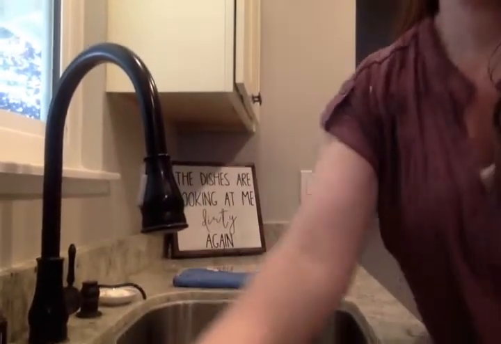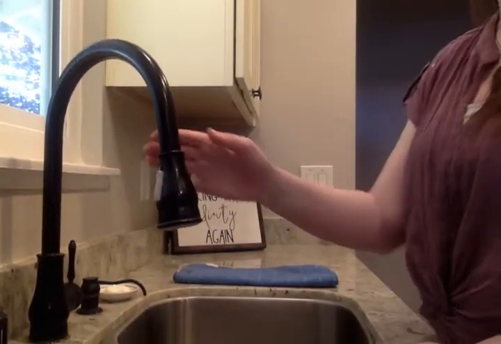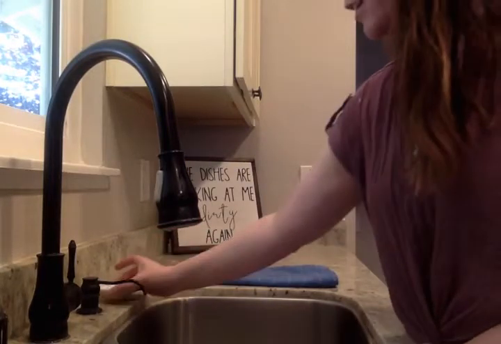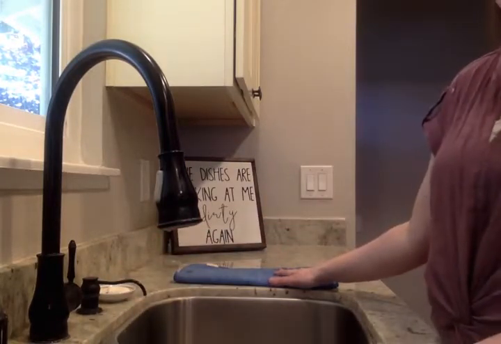Okay, so now I'm going to take you to my sink and we're going to wash our hands. Here is my sink in the kitchen. I have my soap bar here, and I have my towel to dry my hands.